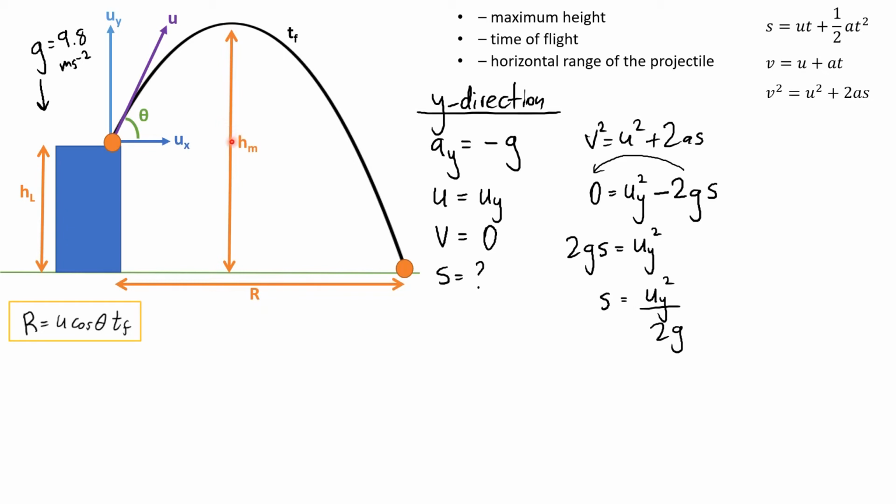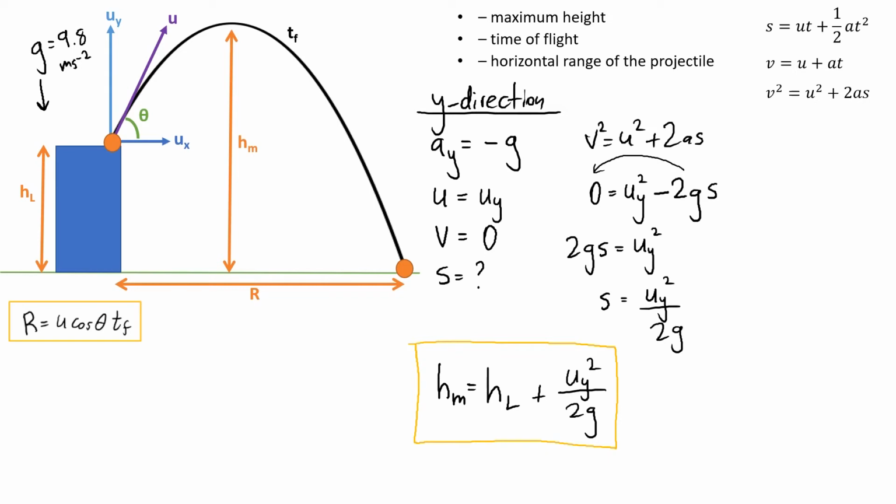We also need to add to that hL in order to make hM. So adding all of that together, hM is going to equal hL, which is the initial height, plus uy squared on 2g.